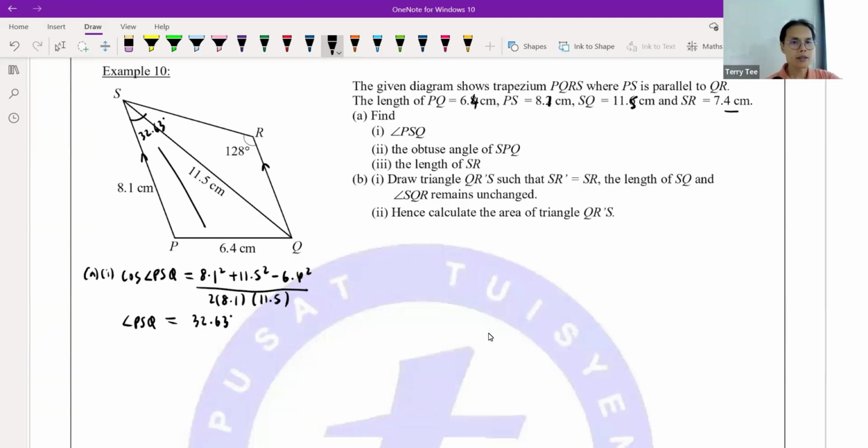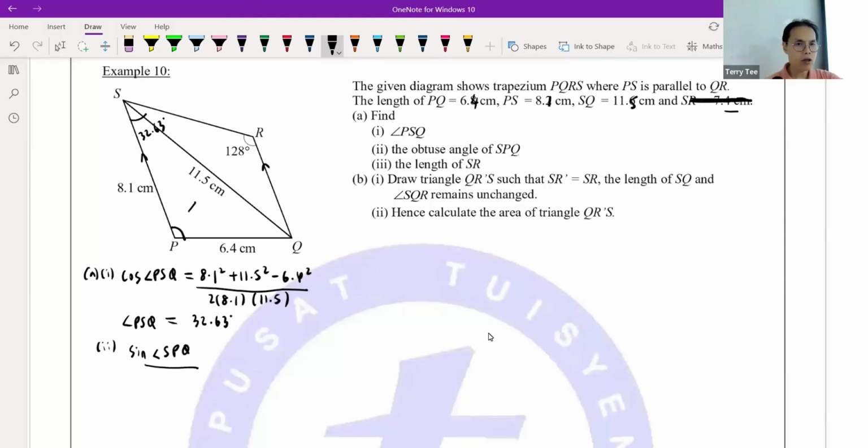Okay, so next, I want to find obtuse angle of SPQ. Okay, to find obtuse angle SPQ, we can use sine rule here. Sine angle SPQ divide by, okay, actually SR is not given, sorry.